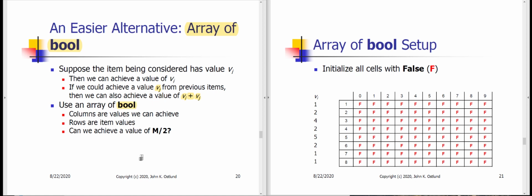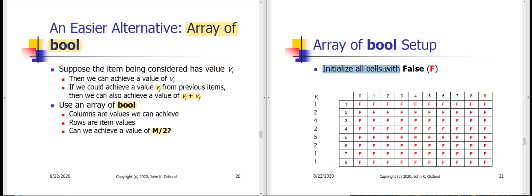So we're going to set up an array of booleans where the columns are going to be values that we can achieve or that we hope we can achieve, and the rows are the item values, and we're asking, can we achieve a value of m over 2? So consequently, m over 2 is going to be the maximum value that we're going to bother trying to achieve.